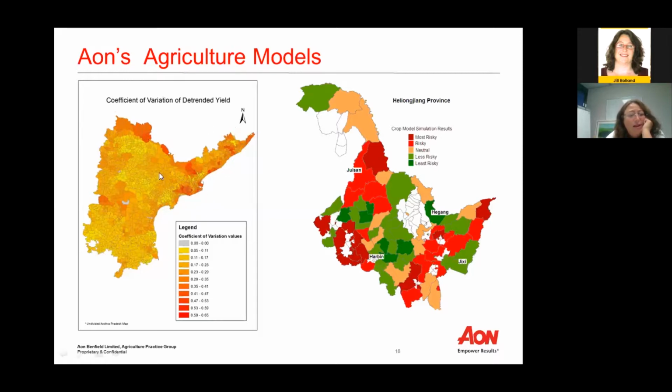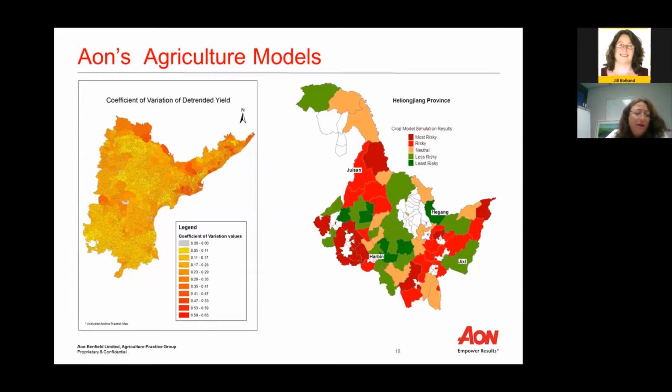And we find that this coefficient of variation is very similar to the climatology of the state as well. I think it gets drier up in this area, and you'll find more marginal farming around here, whereas around here the weather variations are smaller, or maybe it's just better conditions for farming. So, this gives us some good information already.